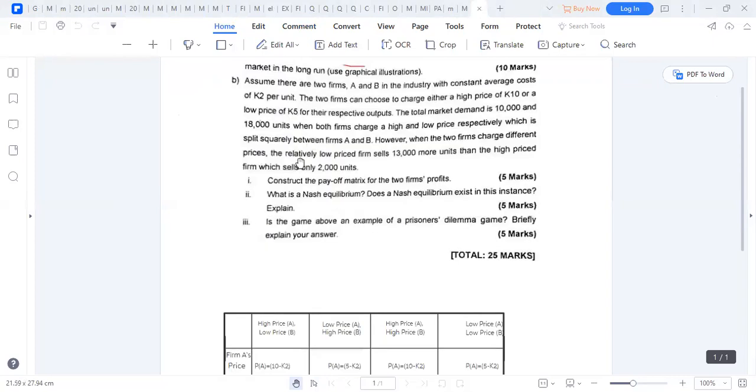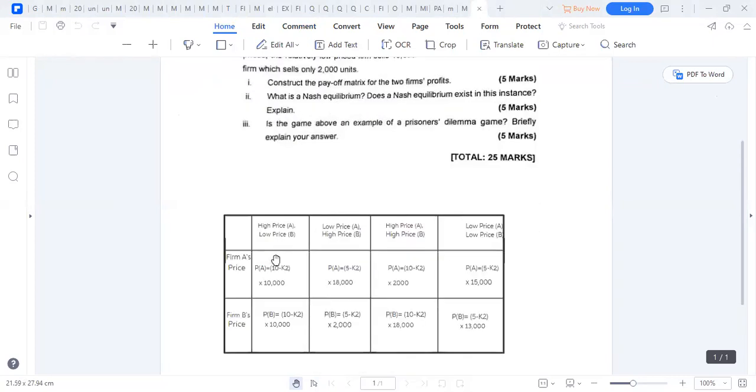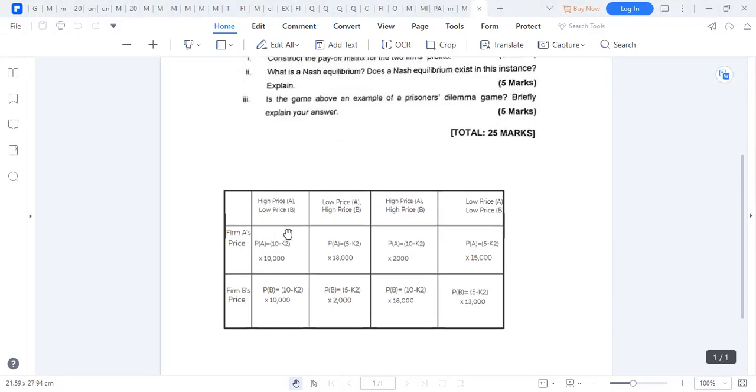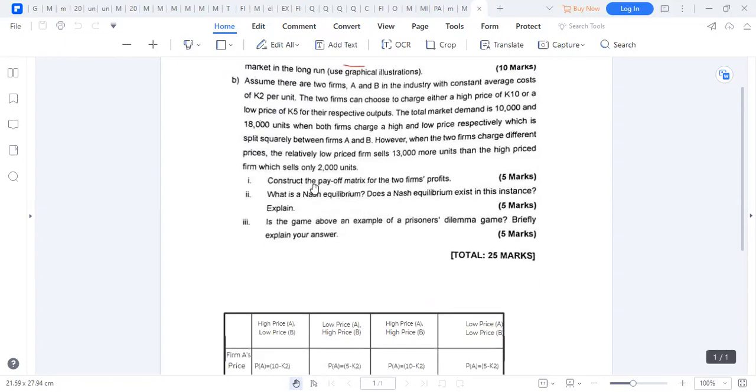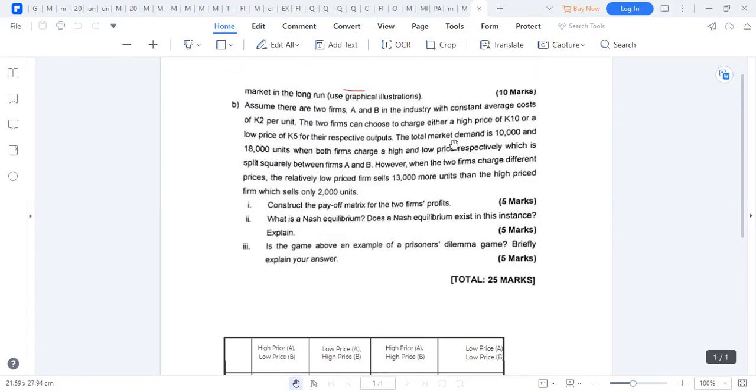Okay, so we have firm A and firm B. So using the low pricing strategy, what are we told? We are told that if they choose to charge a low price, relatively, it will split it squarely. So low price firms will sell 13,000 or more units, and high pricing will sell 2,000 units.